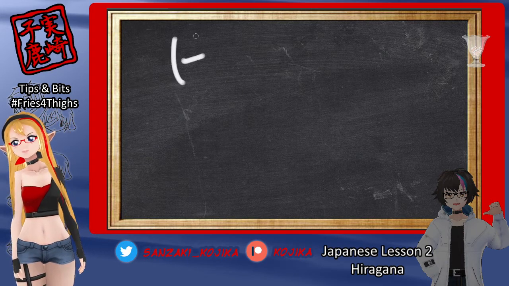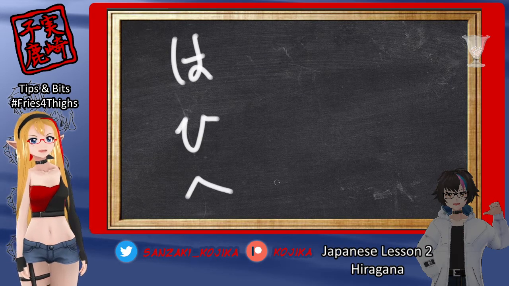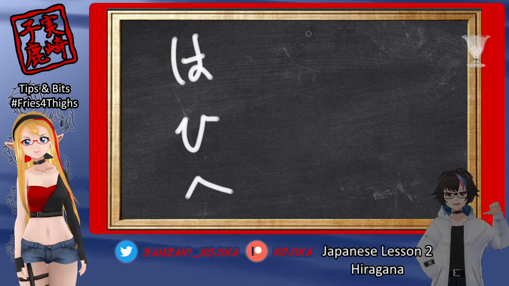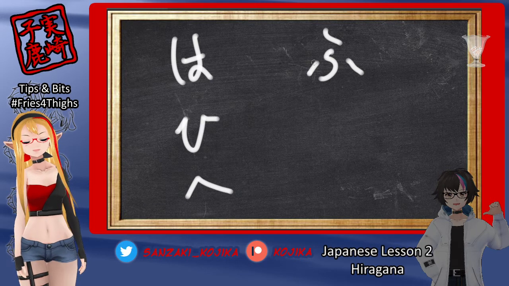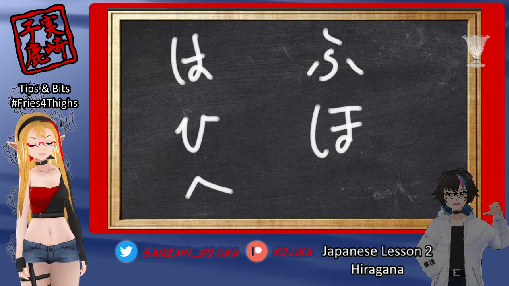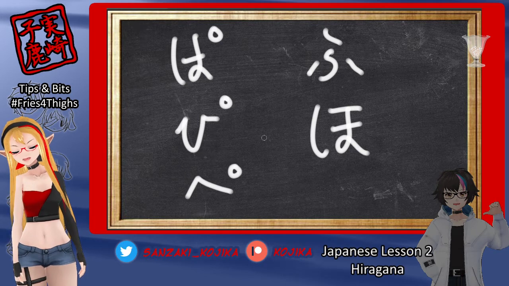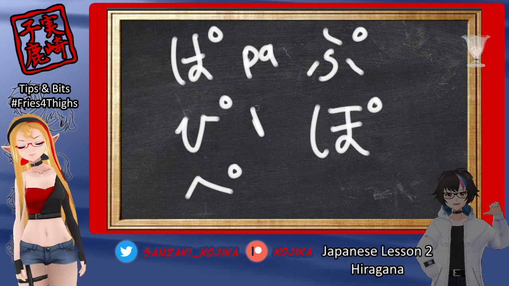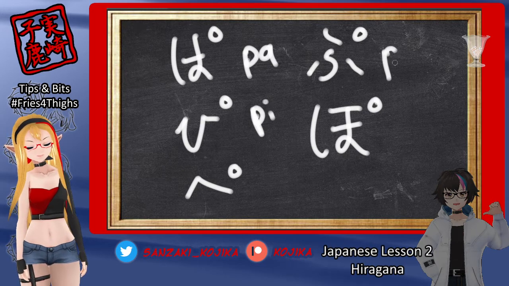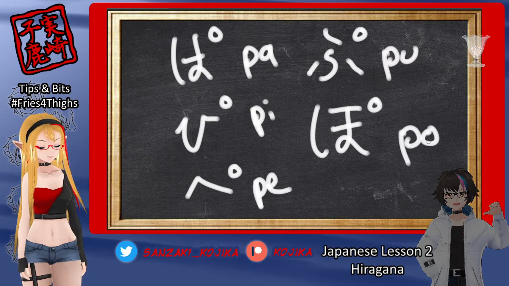So we have ha, he, hu. I just messed up two of them. It should have been ha, hi, hu, he, ho, but that's okay. We just add the maru right above each of them, and it makes pa, pi, pu, pe, po.